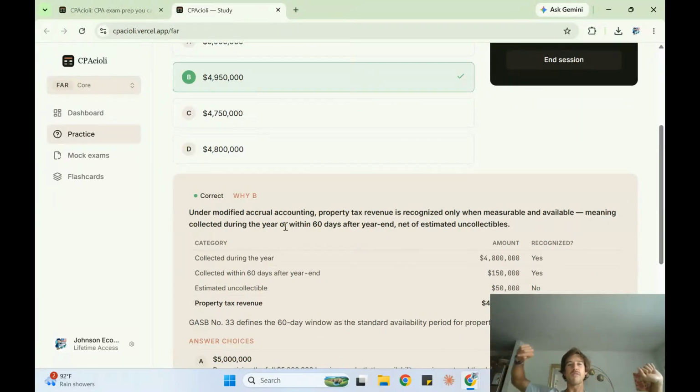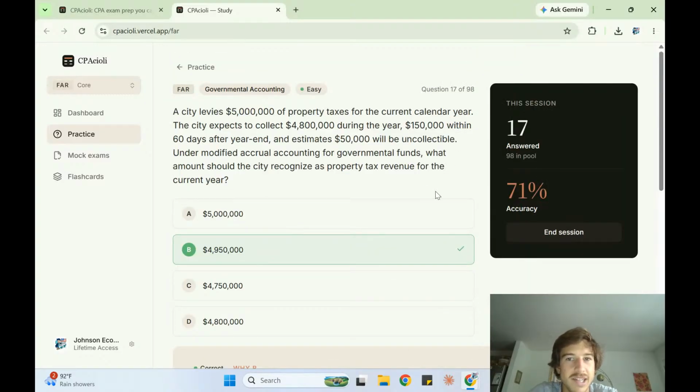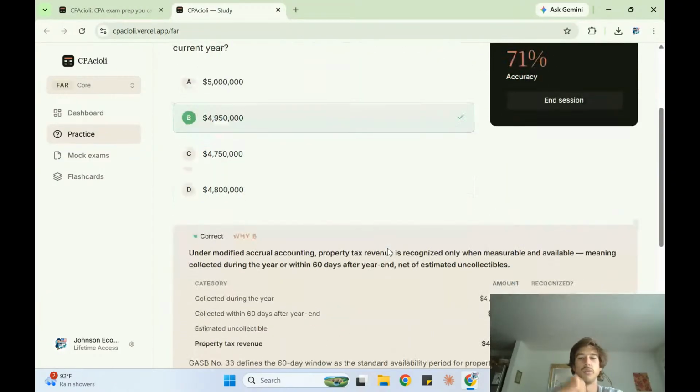But don't confuse modified accrual accounting with just accrual accounting, because accrual accounting is when it's actually earned, which would change this answer, I believe, to maybe 4.8. I'm not sure, but yeah.